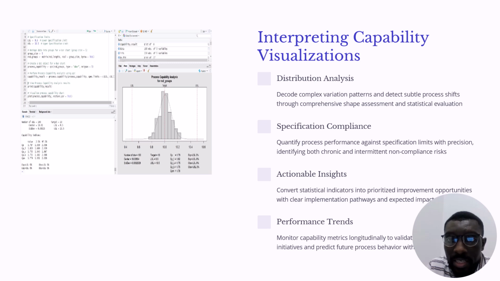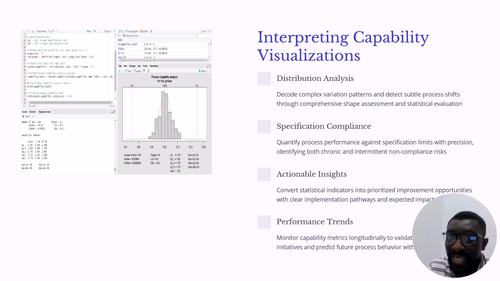And the specification compliance measures quality process performance against specification limits with precision, which identifies both chronic and intermittent non-compliance risk, which leads to actionable insights. What does that mean?